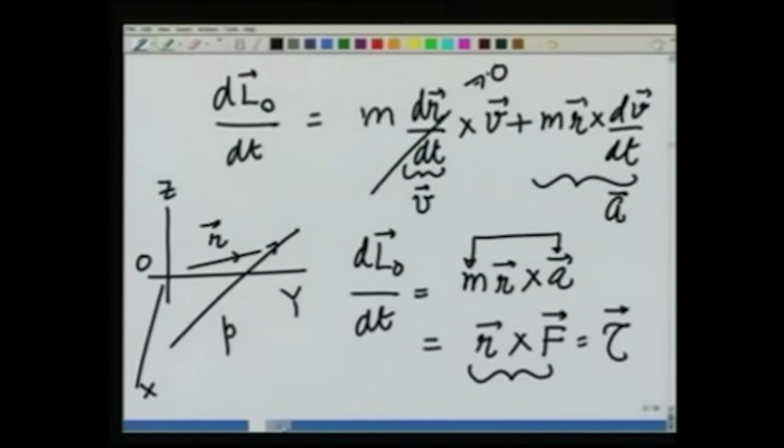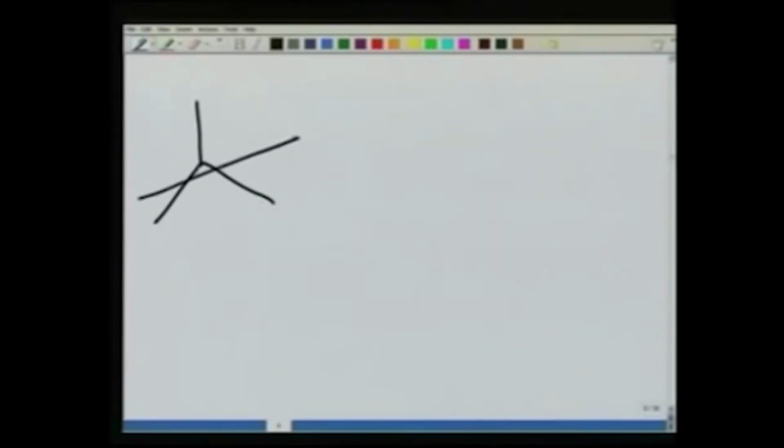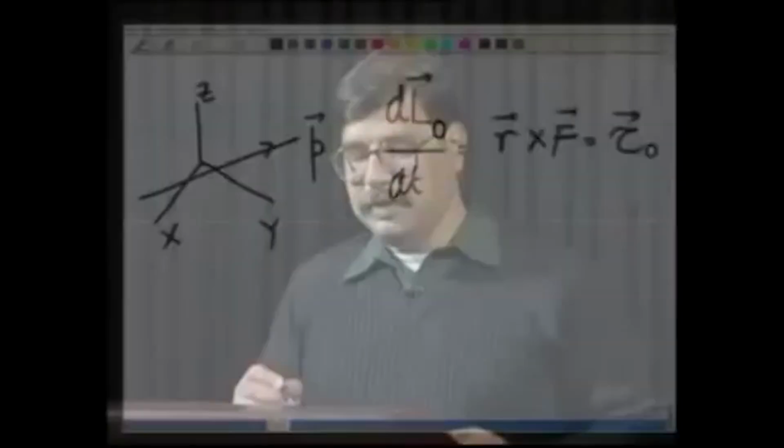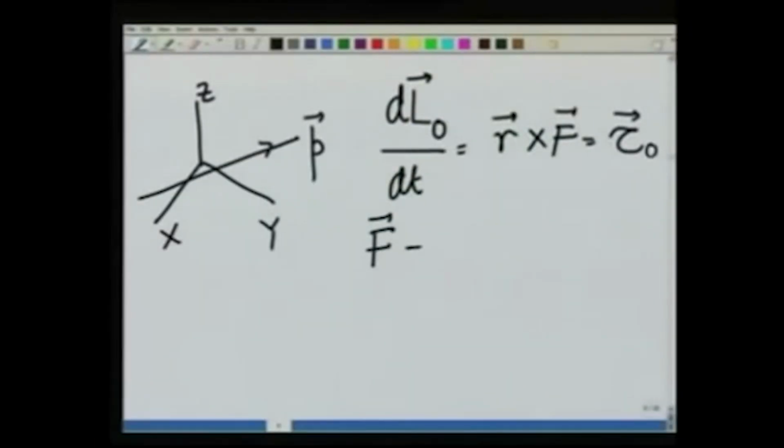So, what we learn, and I have derived for you, is that given a particle moving, the change in its angular momentum, and I always denote with this O, emphasizing the fact that angular momentum is a quantity that depends on the origin, is equal to r cross F, or the torque about O. Notice, while deriving this, I used the fact that F equals ma, that is force equals mass times acceleration, or the second law.